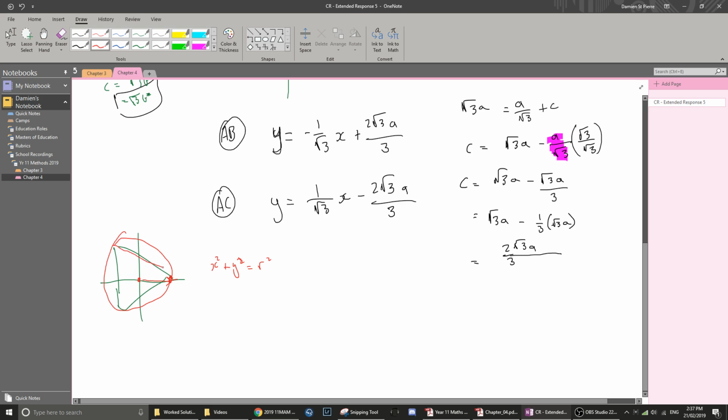Well, we know the equation of this line, which we set up here, is y equals -1 root 3x plus 2 root 3A on 3. This point here is when y equals 0. So let y equal 0.